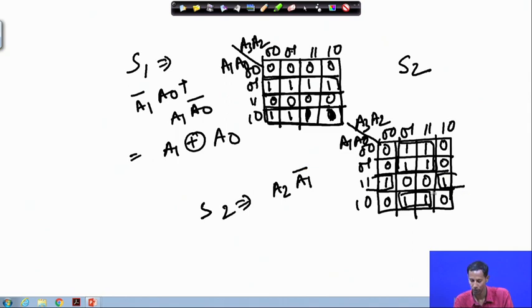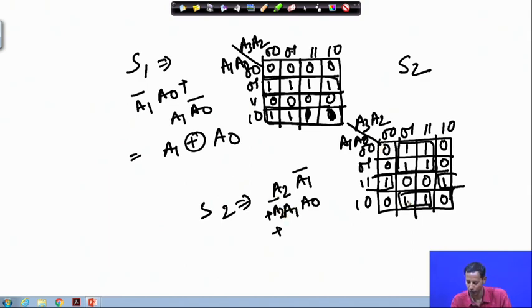Okay. For this particular case, plus it will be A1 A0, sorry, not this, this will be A1 A0. So here this is A1 A0 and for this that is A2 bar.